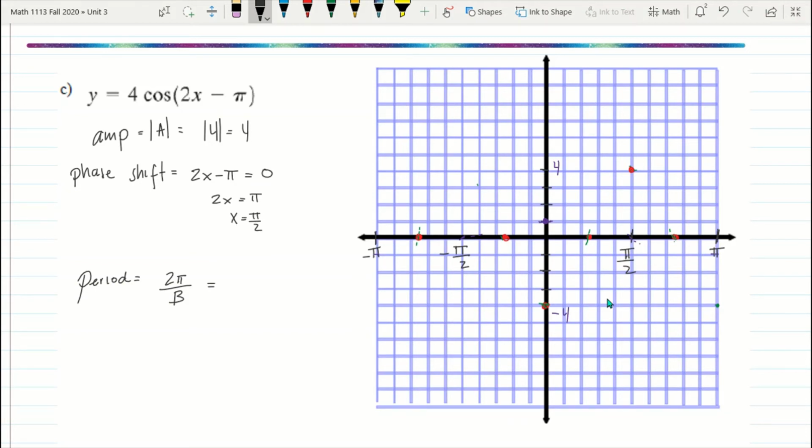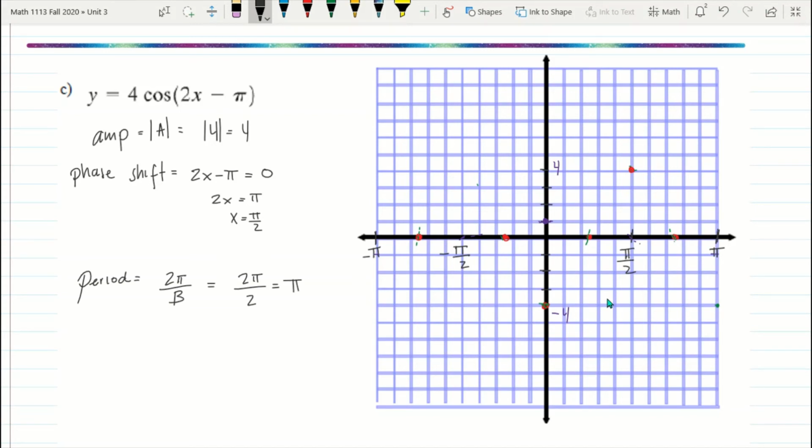So this graph has been moved to the right pi over 2 units. Okay, then the period is going to be 2 pi over the b value, which in this case is 2, so it comes out to be pi again.